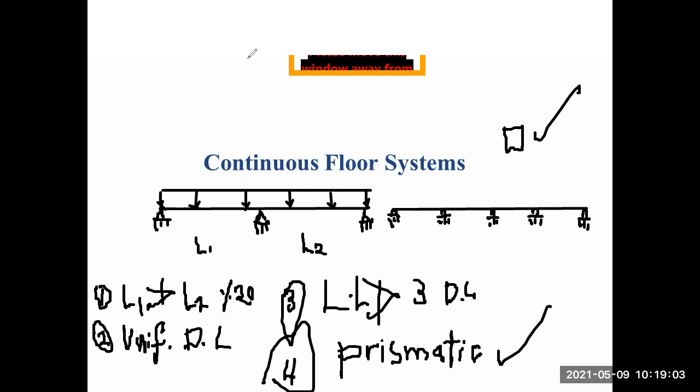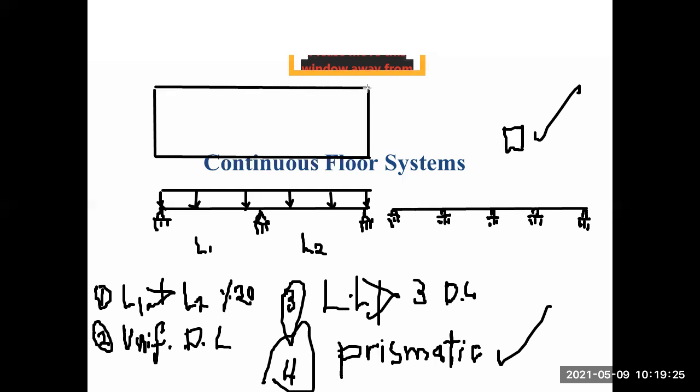If we look at the plan view of a building, okay, this would be the plan view.